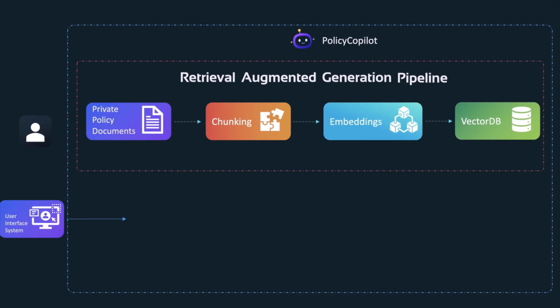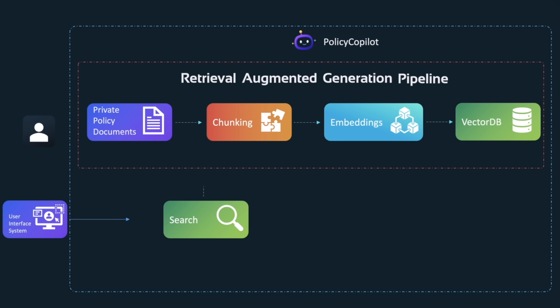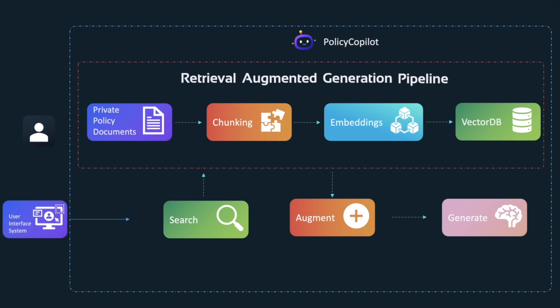Now, when a query comes in, we search the vector DB and it gives us the necessary chunks of documents. We then augment those chunks along with the user's query and send that to the LLM to generate a response. So that's a super simplistic RAG pipeline. Let's head over to the labs and see this in action.